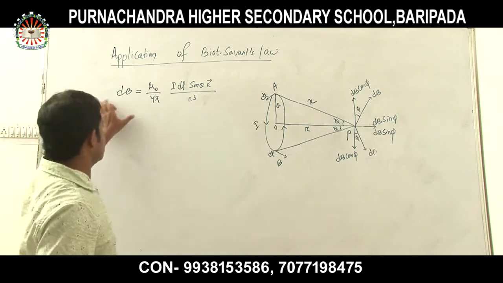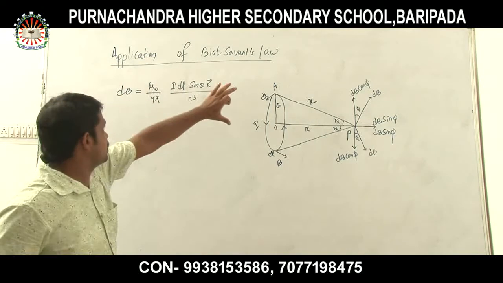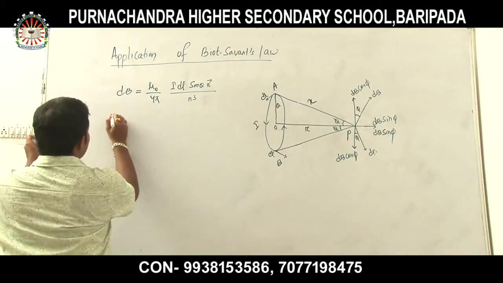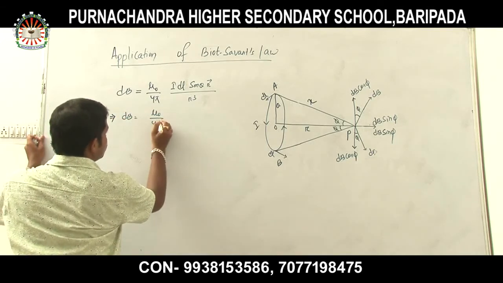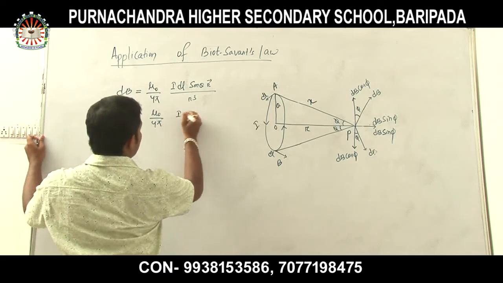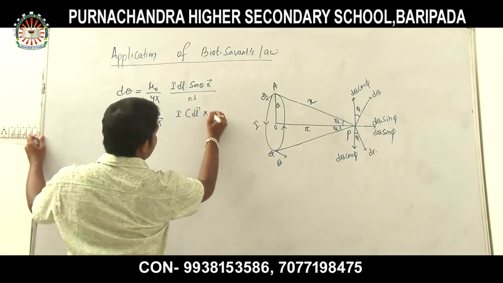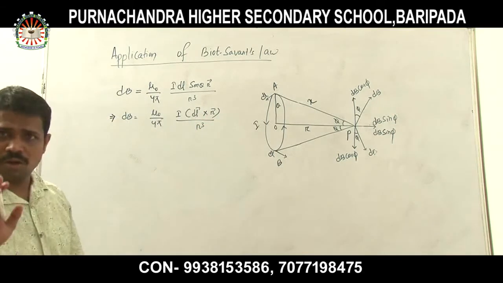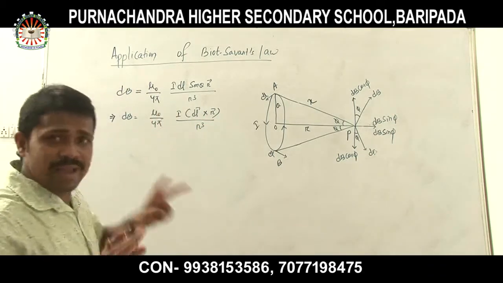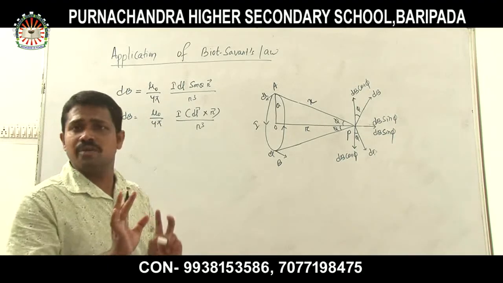Understood all of you? This is my vector form I discussed in the previous class. Or I can write simply dB = (μ₀/4π) I (dl × r) / r³. All of you clear? This I have already discussed in my previous video.